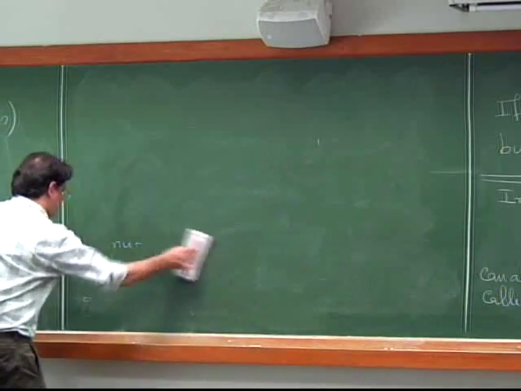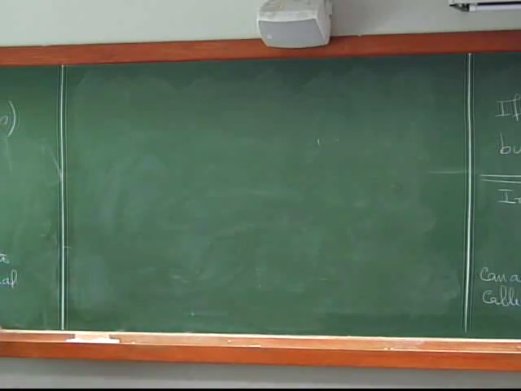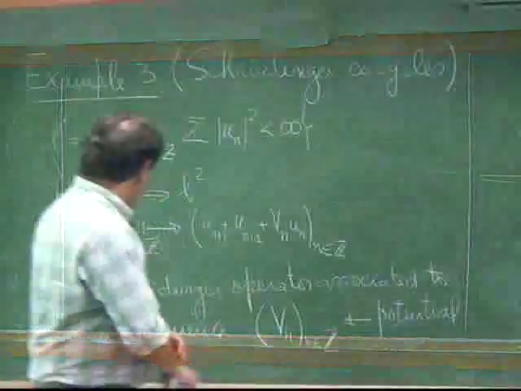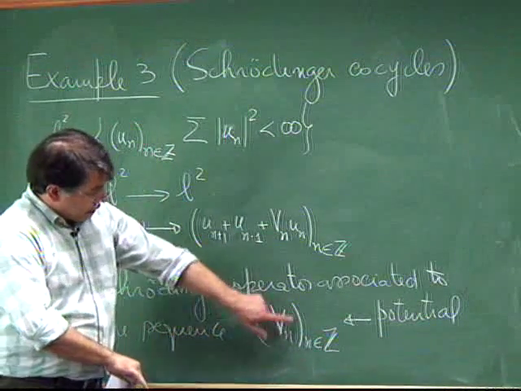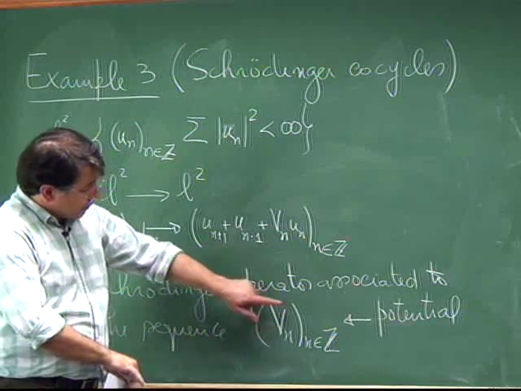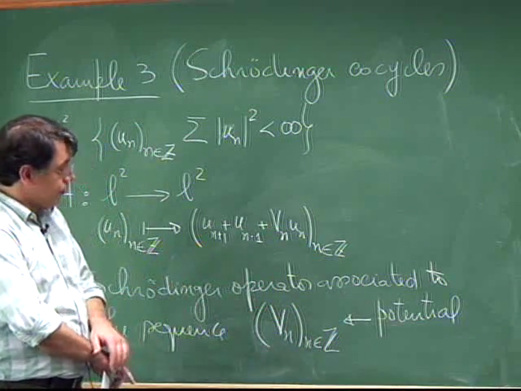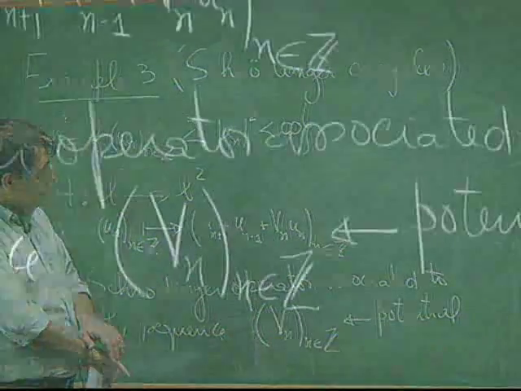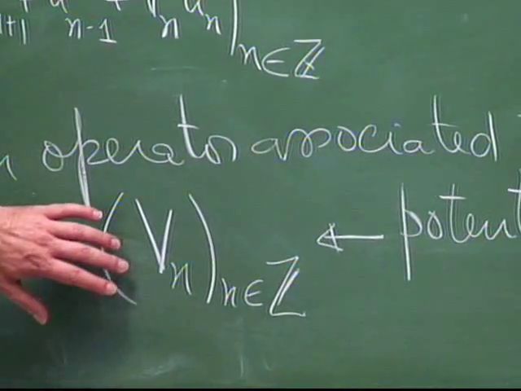So this is a Schrödinger operator. And there's some data that is given, this potential here. And in fact, there are different problems depending on how you get this potential.